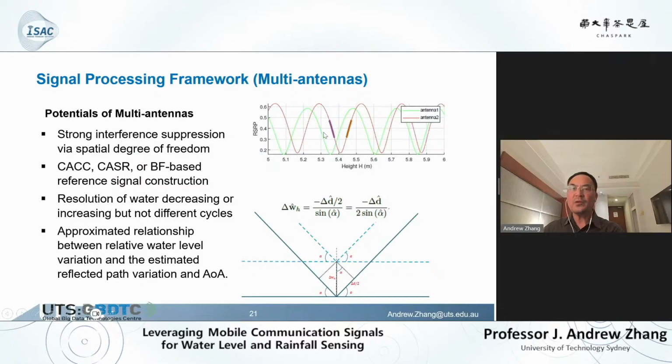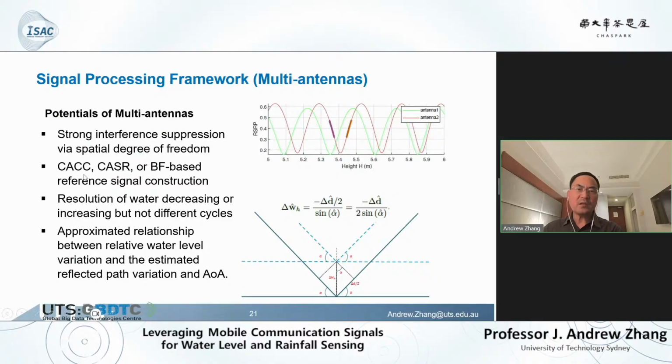Because different receiver antennas will have shifted versions of the power waveform, right? And then at a particular time, it's quite easy to identify whether the water is decreasing or increasing by jointly considering the waveform from multiple antennas. So this is one of the major advantages of using multiple antennas.